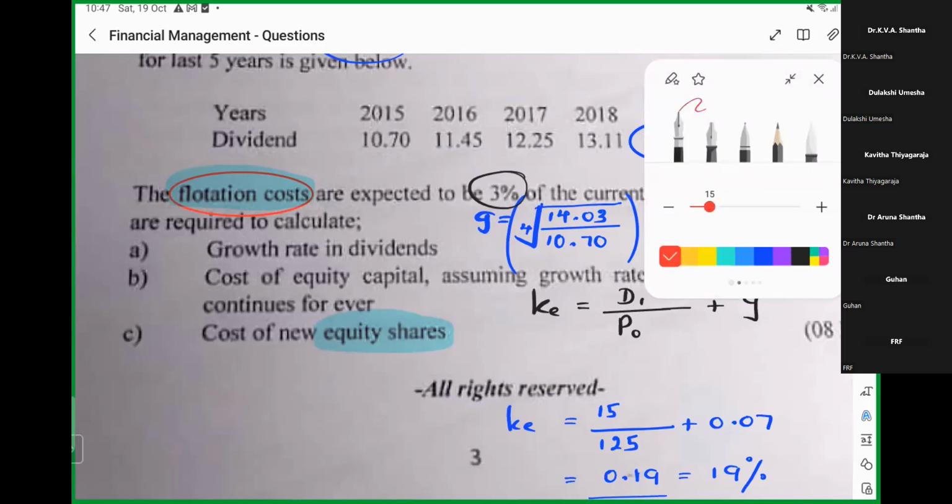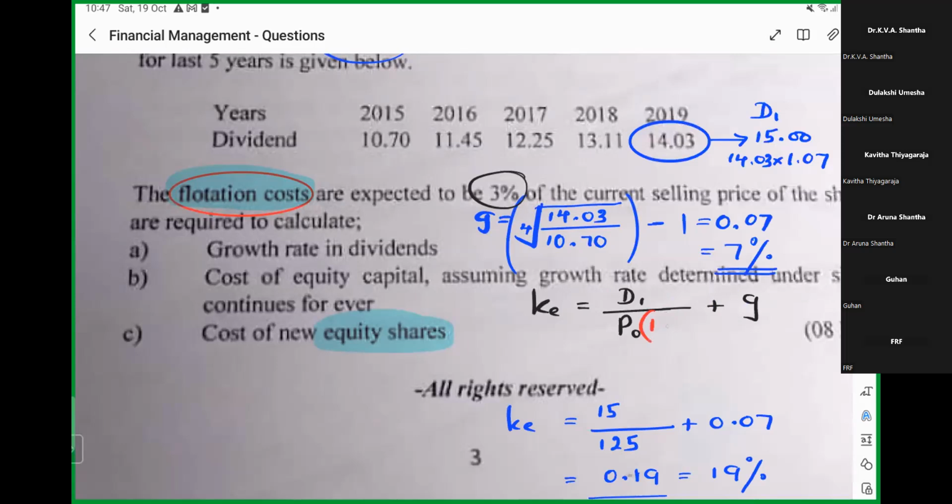So price multiplied by 1 minus flotation cost.